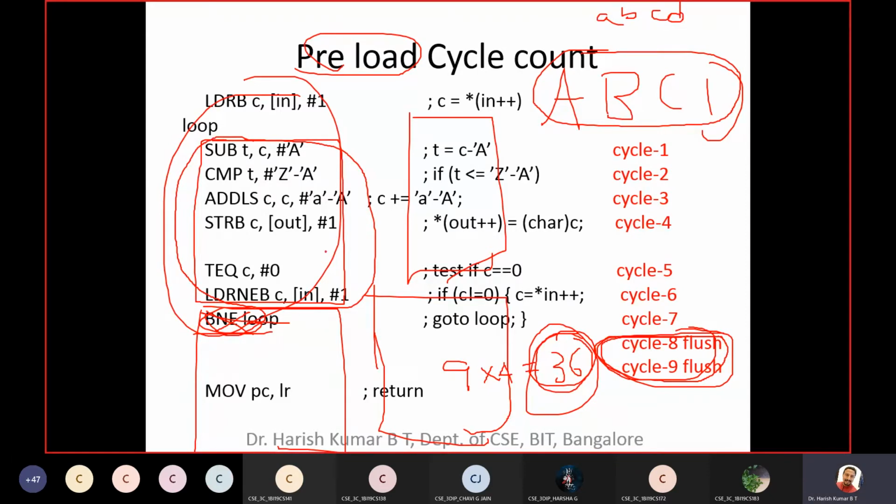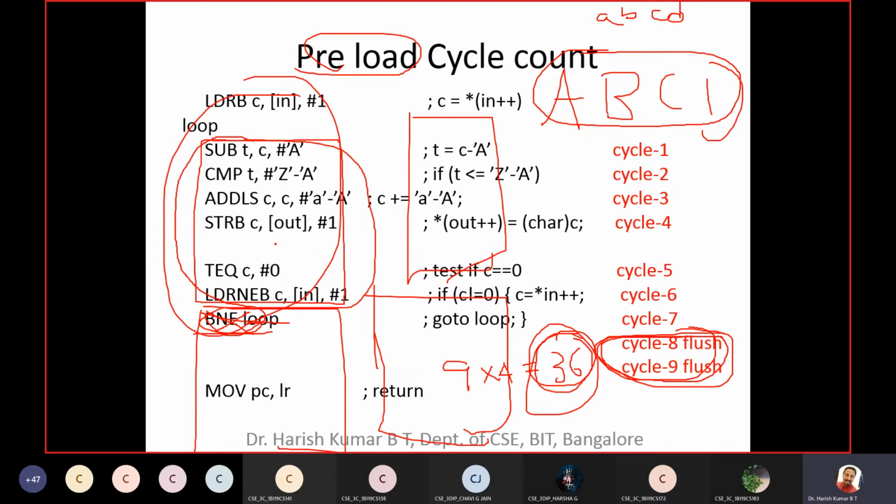So will it do my job? Yes, it does. Only thing is, I'm not using the branch looping construct. I've taken the burden and made my program length bigger, because I have replicated the same thing 4 times. If the string I want to convert from uppercase to lowercase is 5 characters long, I have to replicate it 5 times.